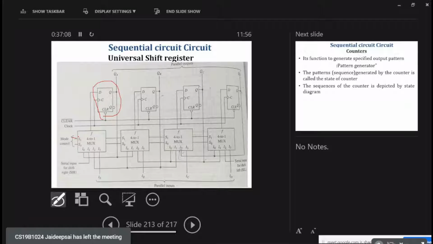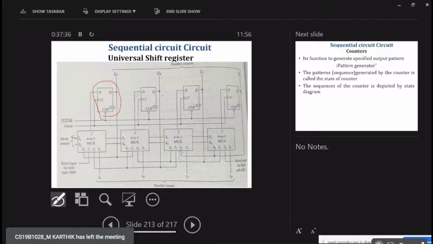Because we are talking about the 4x1 mux, we can get 4 modes, because it gives 4 combinations. The modes are parallel in data, shift left, shift right, or hold, where whatever data is there, it can hold that data.